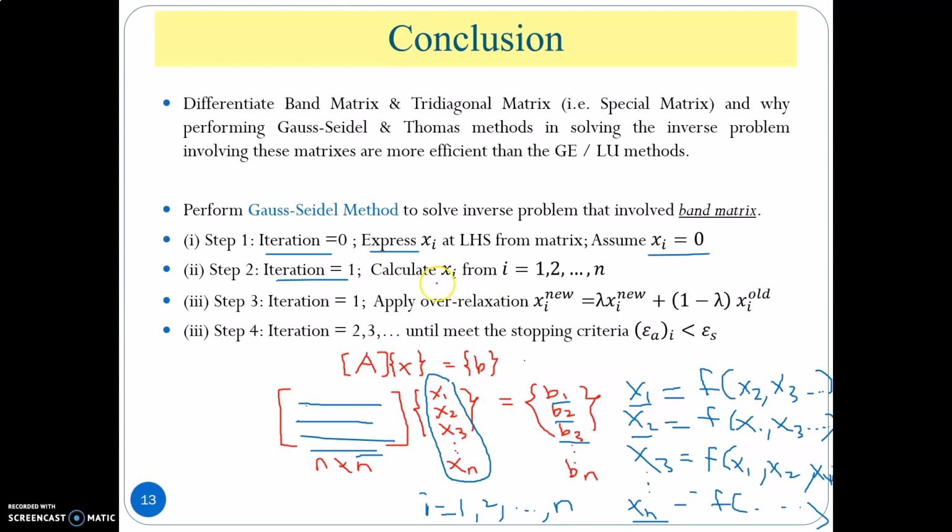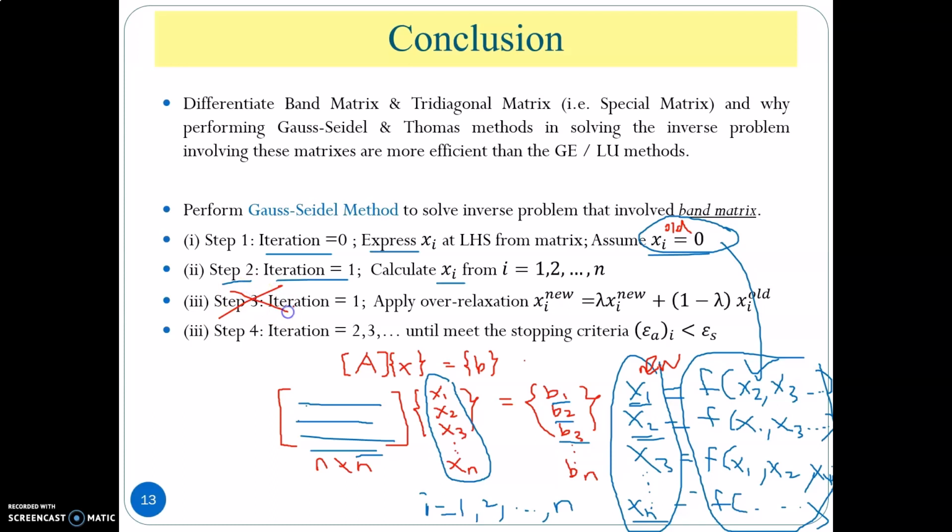Then you need to calculate the xi from i equal to 1 until n. You need to put the assumption x1 until xn inside this function here. So after you include on the right hand side, you can compute the x1 until xn on your left hand side. So this is the new x that you obtain in step 2.